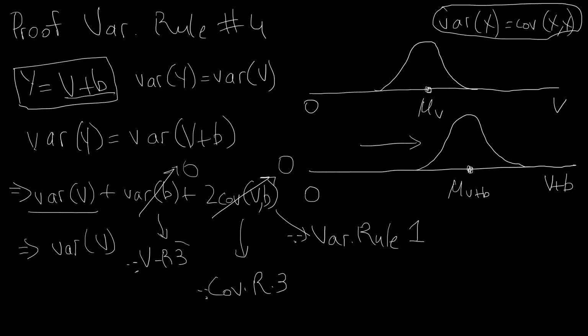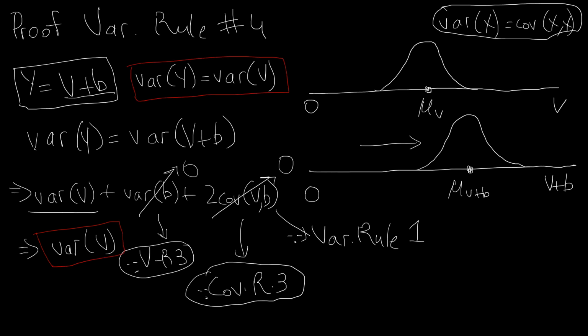So we should always explain, like I said, what we're doing. So these are the explanations for why both of these terms are going to equal 0. So all we're left with at the end is this term right here. So we've proven that the variance of y equals the variance of v.